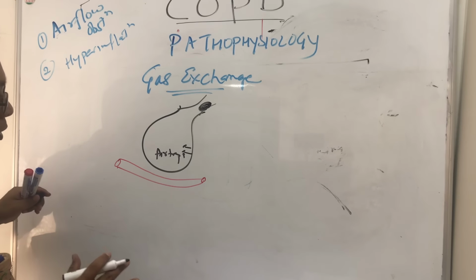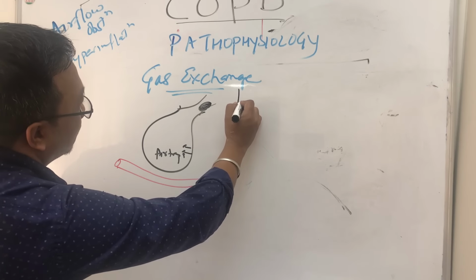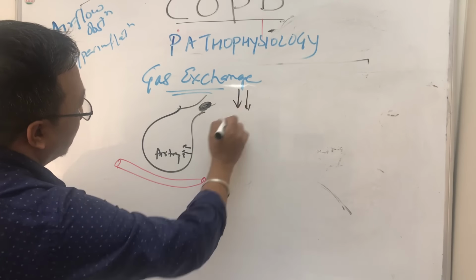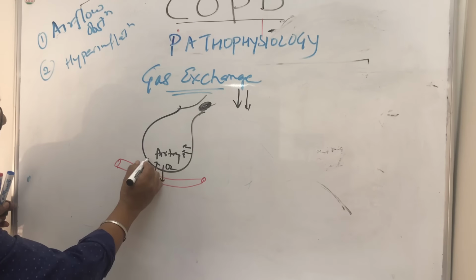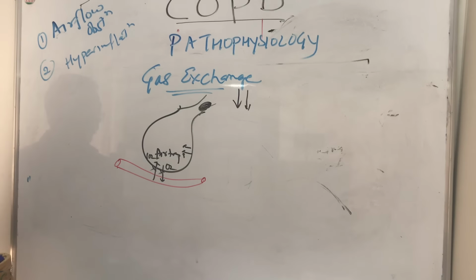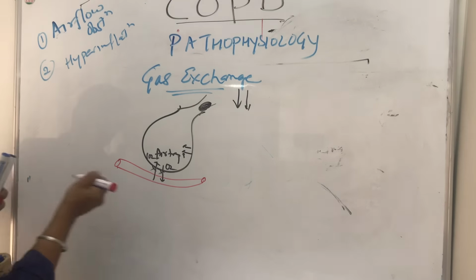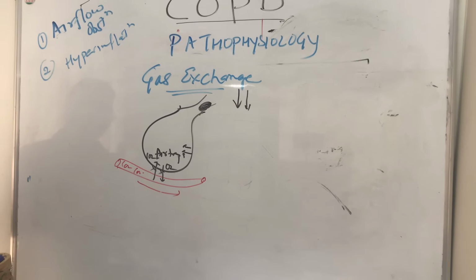So whatever the cause, what is happening here? Gas exchange is not taking place. There is limited gas exchange in COPD. Gas exchange means oxygen has to go here and carbon dioxide has to move here. So this gas exchange is being affected. Now this blood is carrying a lot of carbon dioxide, which needs to go out, and it has to take oxygen.